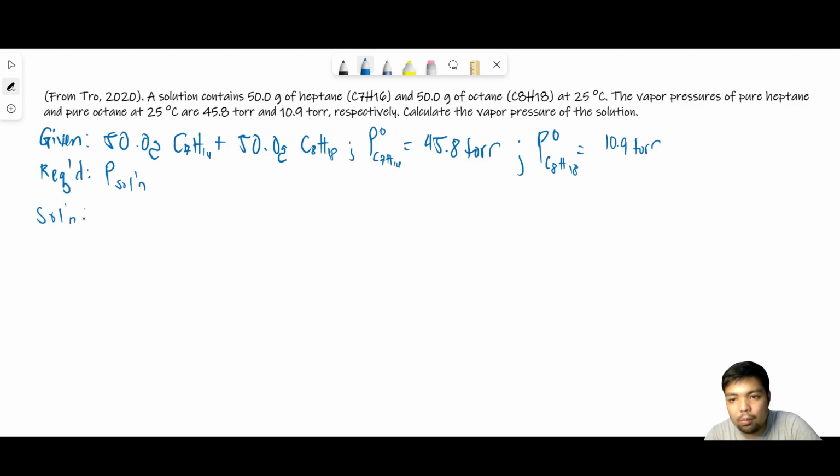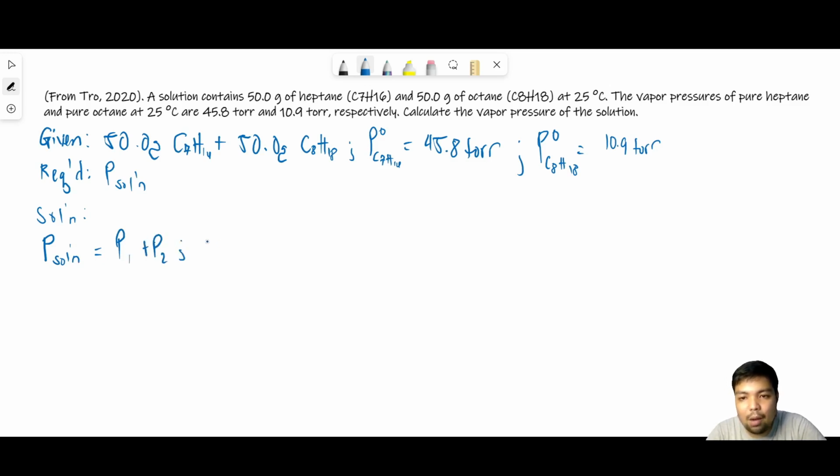So how do we solve this one? Remember that we have a solution formed by mixing two volatile components. Therefore, Raoult's Law for a solution containing a non-electrolyte solute will no longer be applicable, unlike the first problem that I have shown earlier. Thus, the vapor pressure of the solution will be equal to the vapor pressure of the two components.